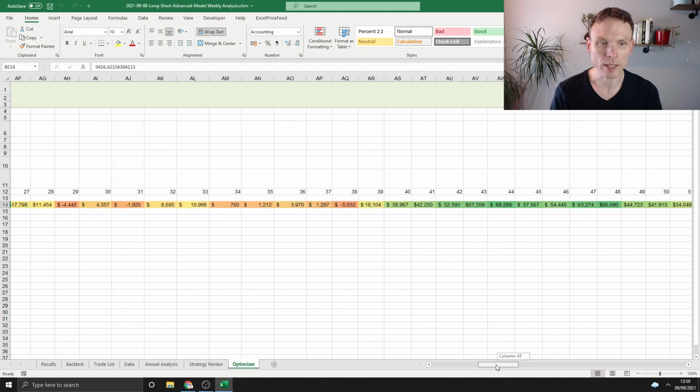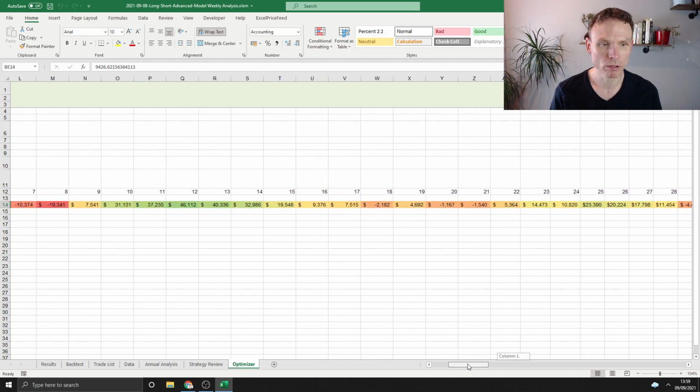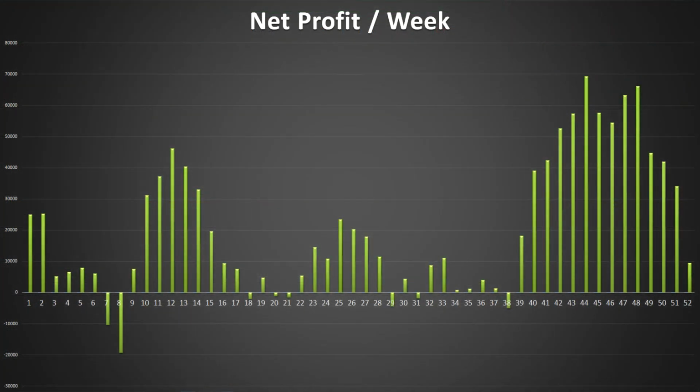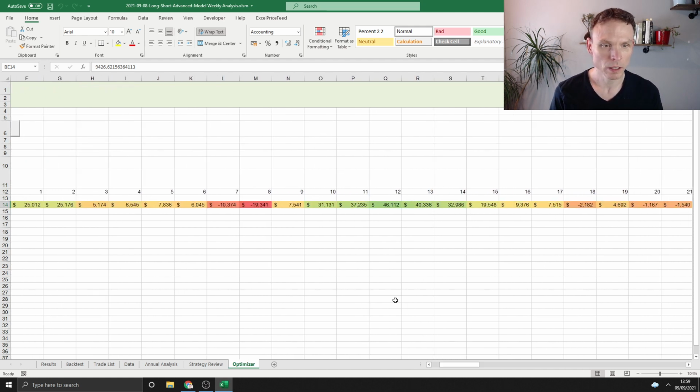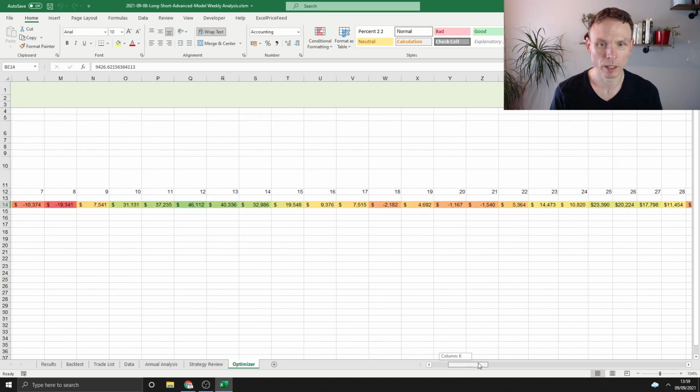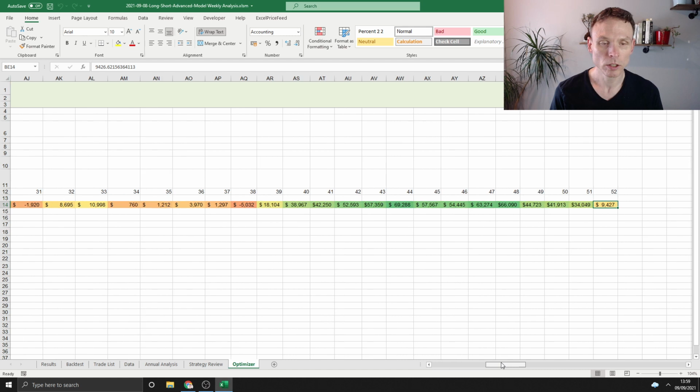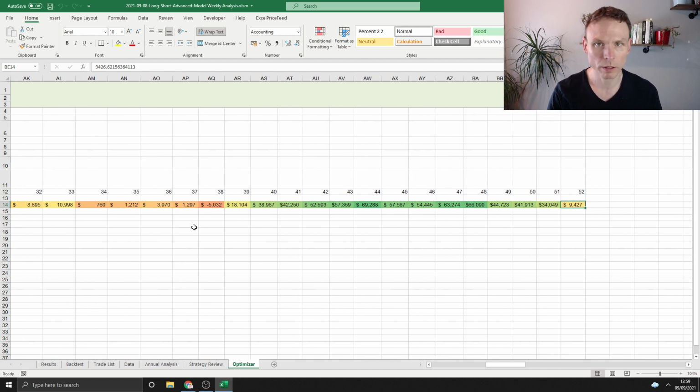What we get is a very nice, easy to read visual representation of an entire typical trading year, with greens showing the higher net profit and reds showing the lowest. You can see we have a burst here between weeks 10 and 14. If I scroll over here, you can see the time period that we are currently coming up to as I record this video.